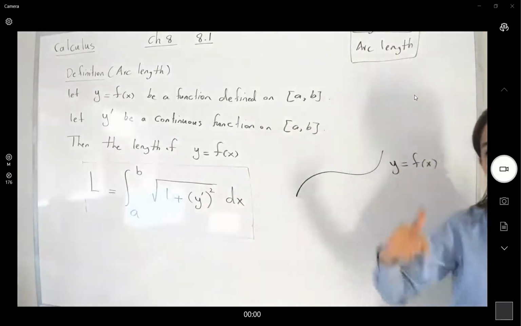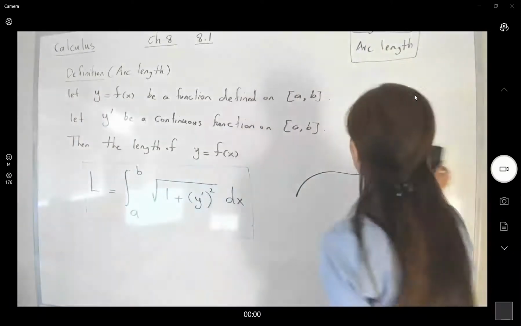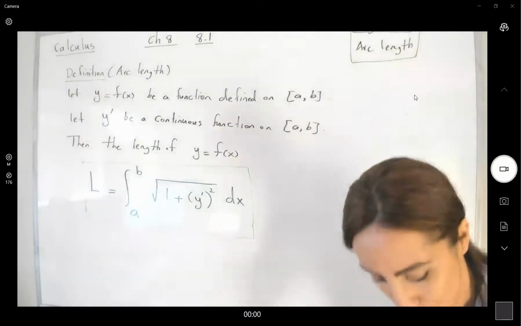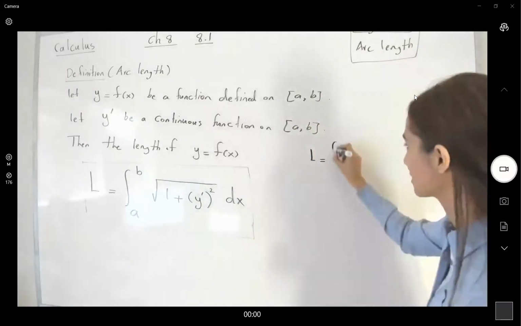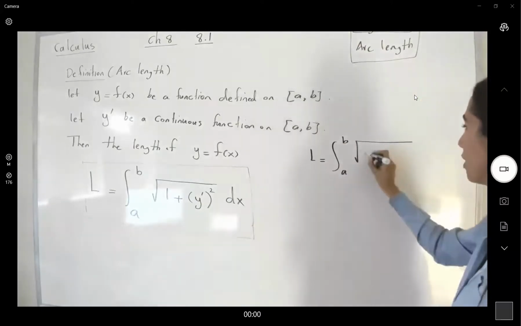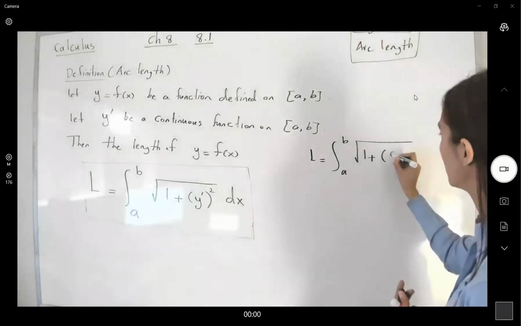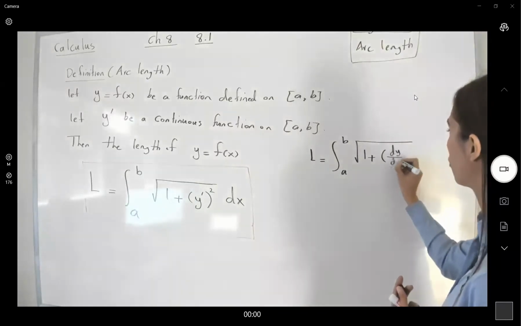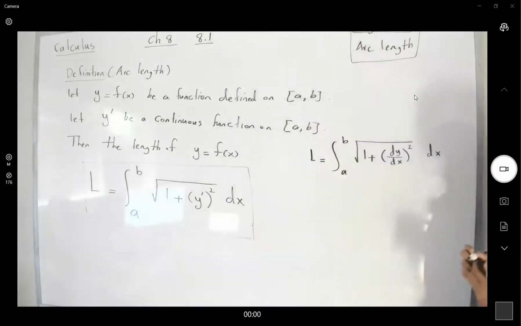Later on, in the next calc class, we're going to see that we can write L as the integral from a to b of the square root of 1 plus y prime, or the derivative dy over dx, squared times dx.